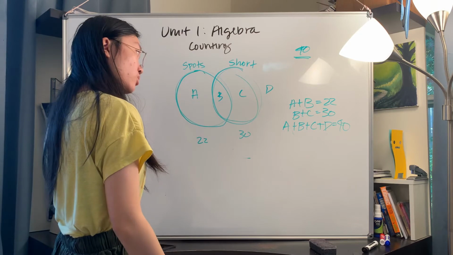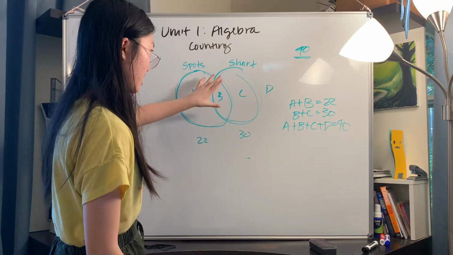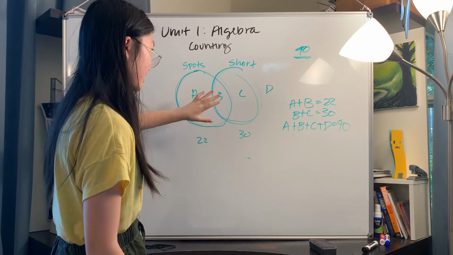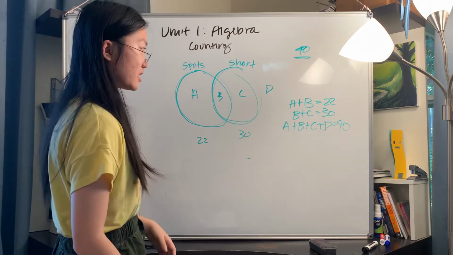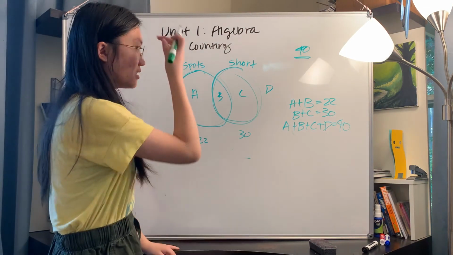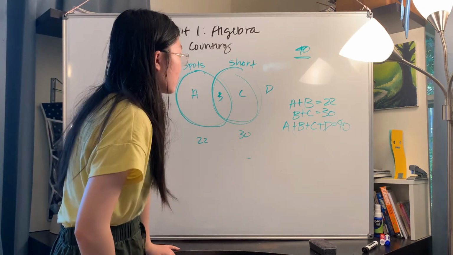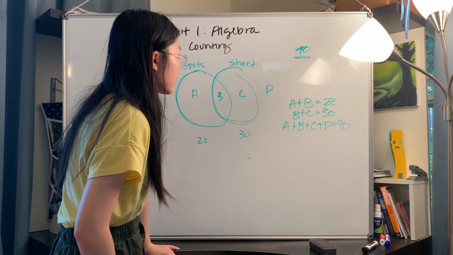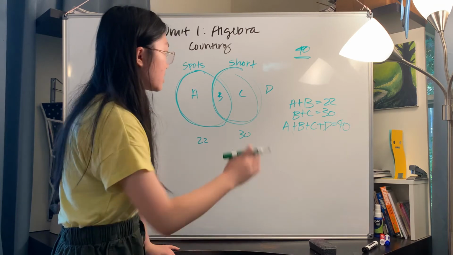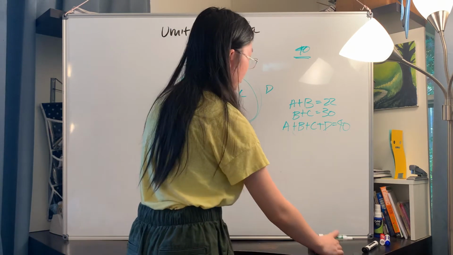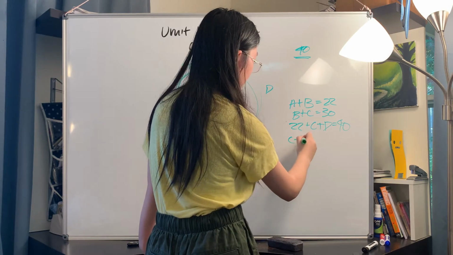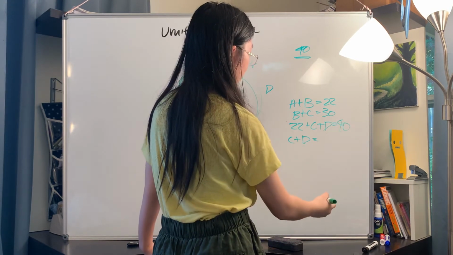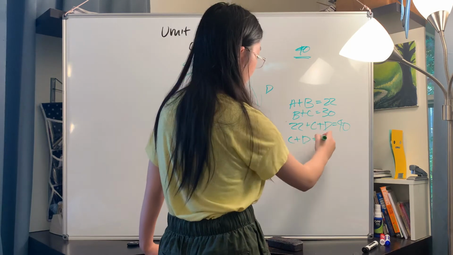Alright, so what we want to do is minimize the number of dogs that are in between. So, well, first of all, we're counting 2B twice. We can substitute A plus B, so we have 22 here. And then we know that C plus D is equal to 40 minus 22, which is equal to 18.